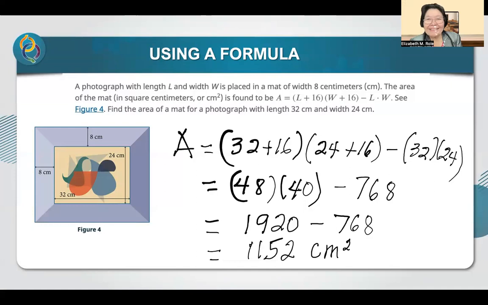A very important lesson in math, all right? As I said, be accurate, okay? Sometimes you just get mixed up with a few things and multiplying too. So, 1152 square centimeters.